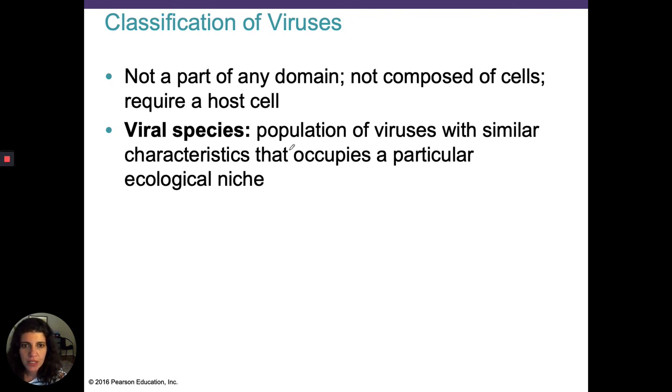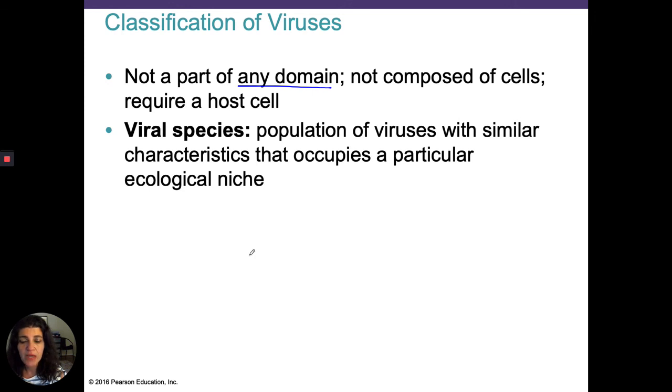Last but not least, you have viruses not being part of any domain because they don't have cells. Okay? So viral species have families, they have a class, but not sure if they have order. I think it's just family, class, genus, and species.